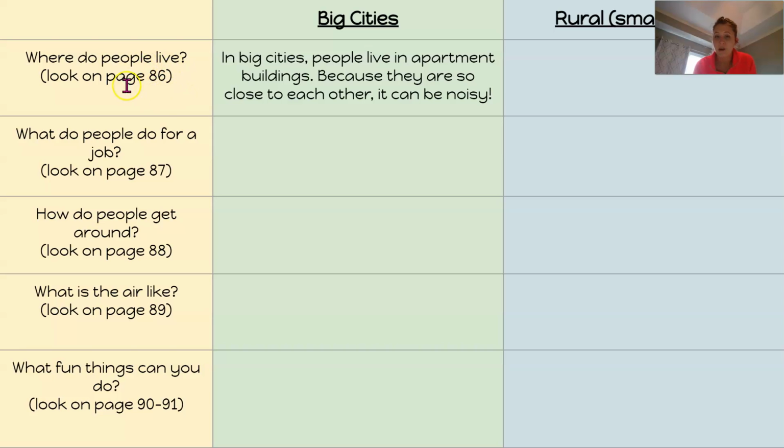I gave you the page number where you can find that information. I said in a complete sentence, in big cities, people live in apartment buildings. There's one detail. Because they are so close to each other, 2 details, they're close to each other. It can be noisy. There's my 3 details that I got from my reading. And it tells me about where people live in a big city.